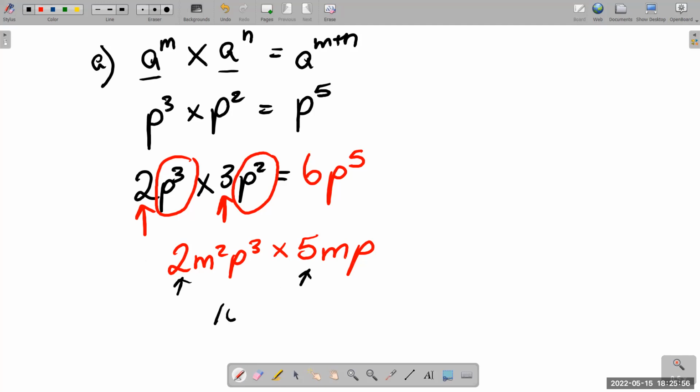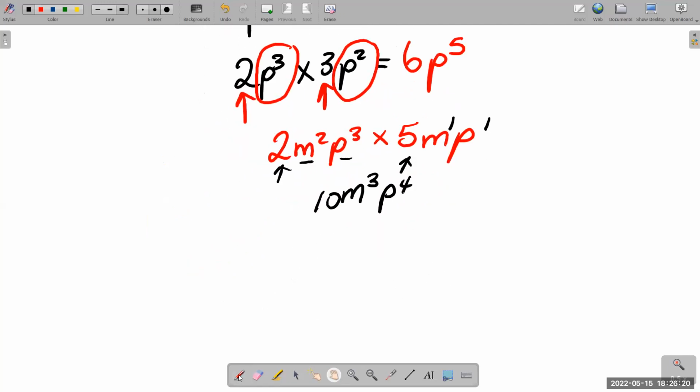So that's going to be 10. You got two different variables, you got m's and you got p's. So this m has how many powers? 1. This one has 1 as well. So you're going to add them. So you're going to have how many m's in all? 3 m's and 4 p's. If you got it, say got it, because we're going to move right along into the second law.